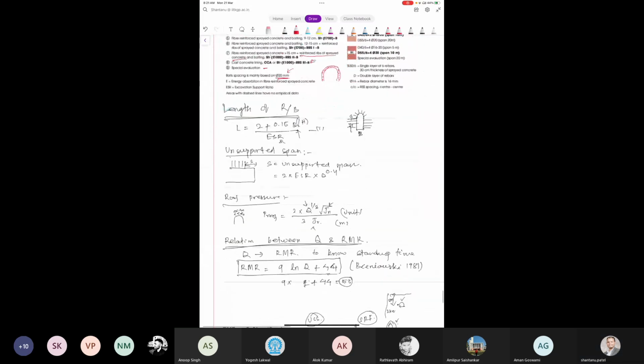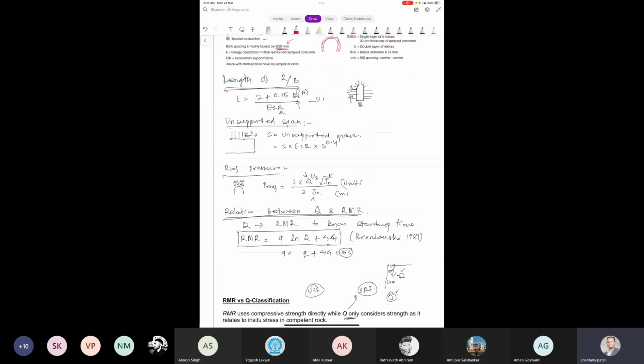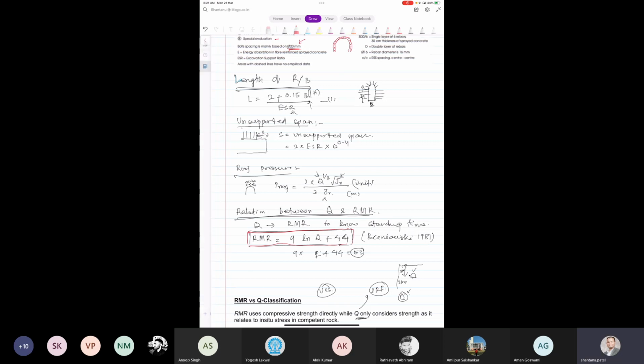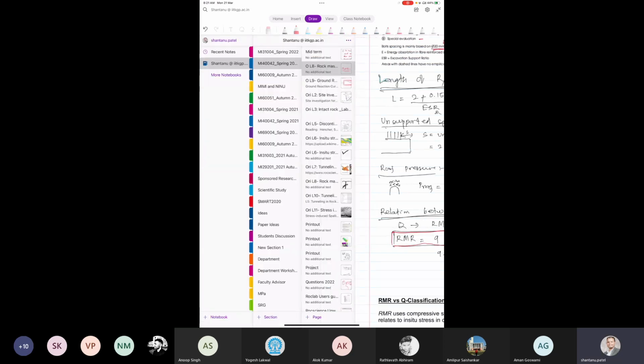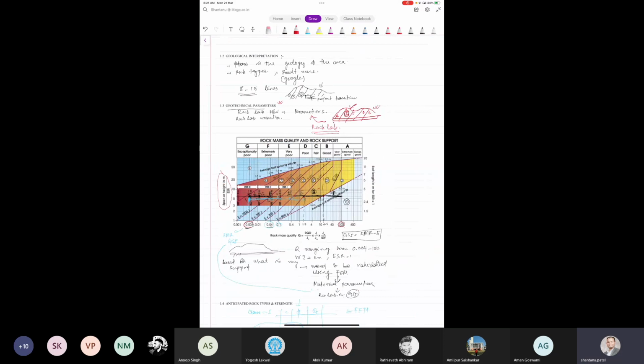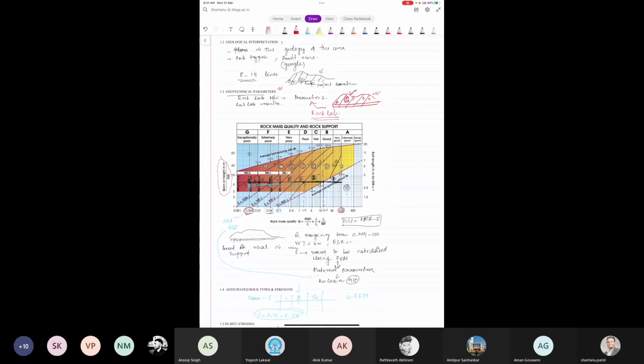So let's say this one, RMR equal to 9 ln Q plus 44. For each zone, let's say you are talking about the third, the Q range is changing from 0.05 to 0.17.